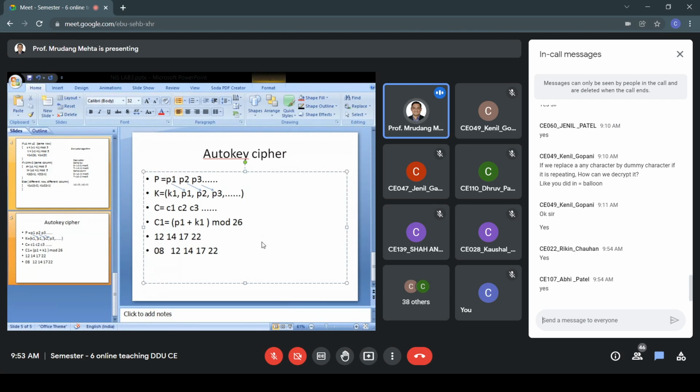So when we apply the additive cipher over this, instead of one key, we have different keys, right?